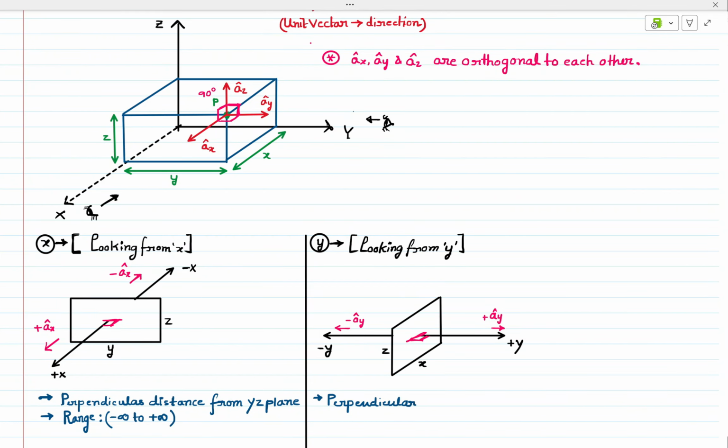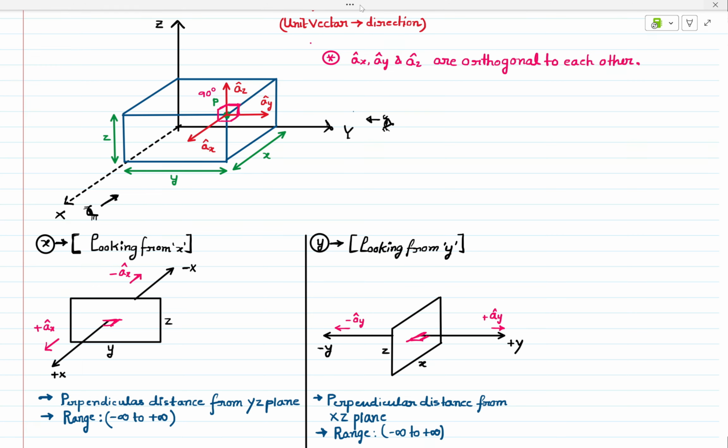And what is the range of y? The range of y is the same as x, as you can see in the above diagram. That is minus infinity to plus infinity. Okay.